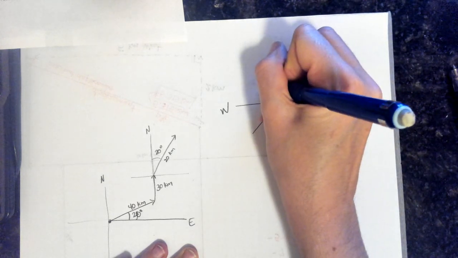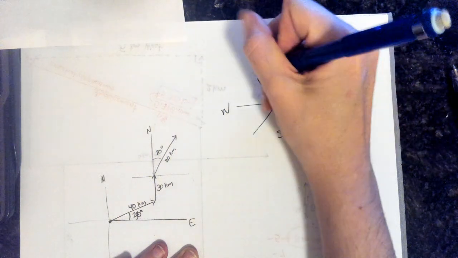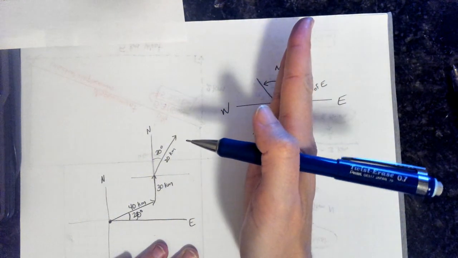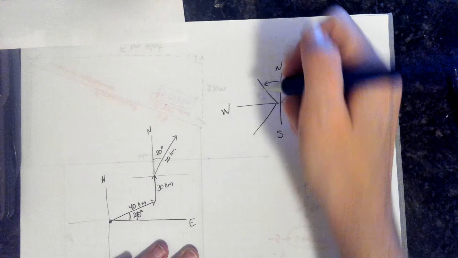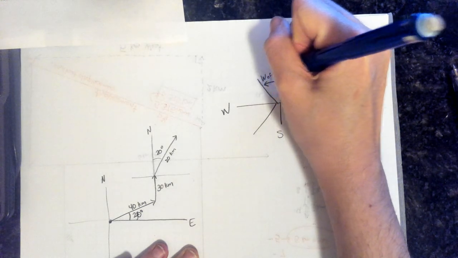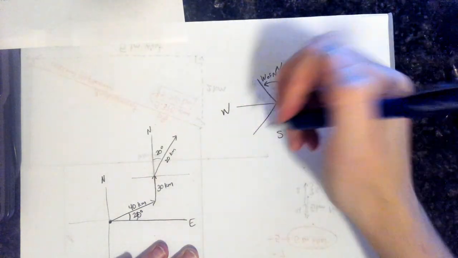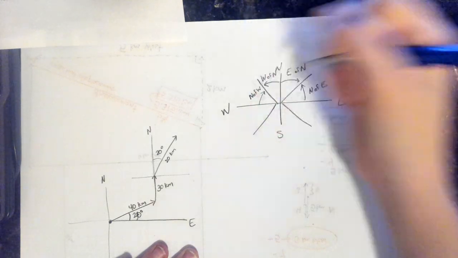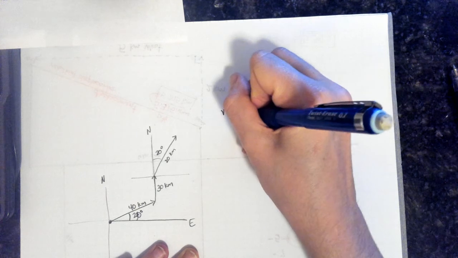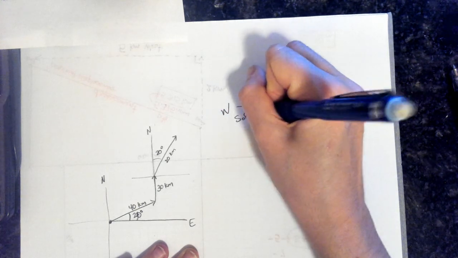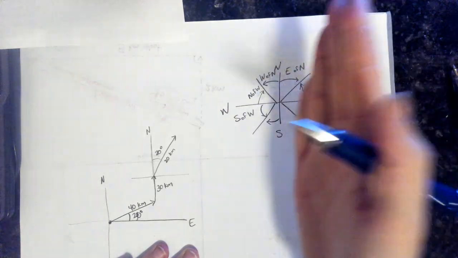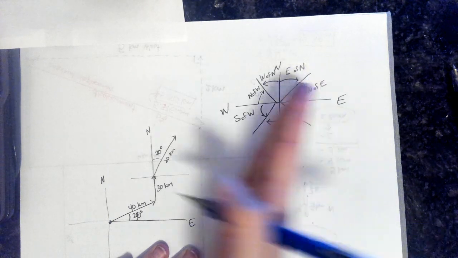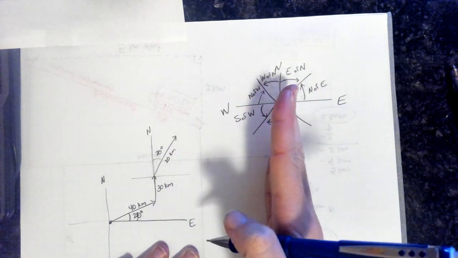This one, we've gone to the west of north. So this is west of north. This one would be north of west, south of west. This one is west of south.